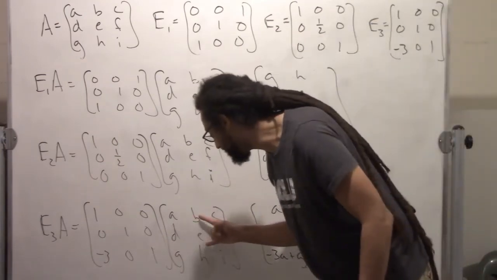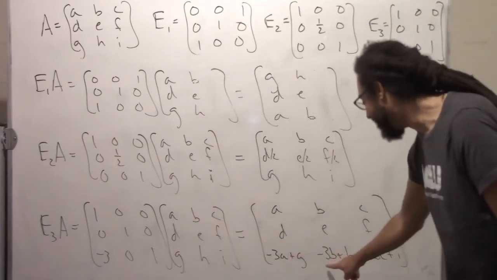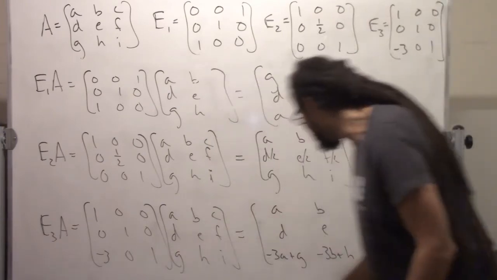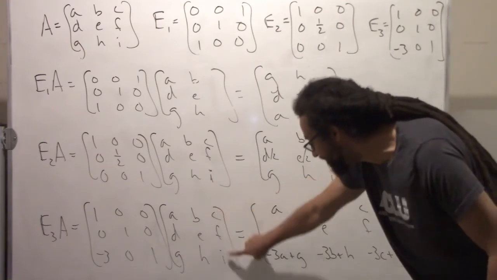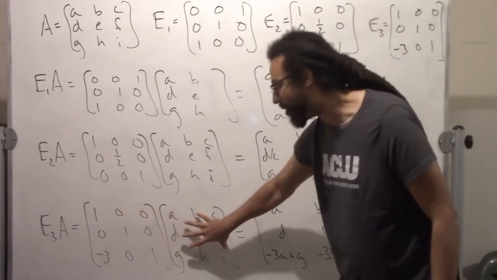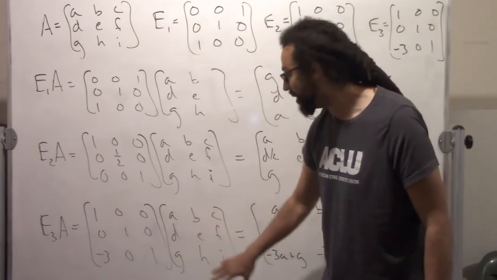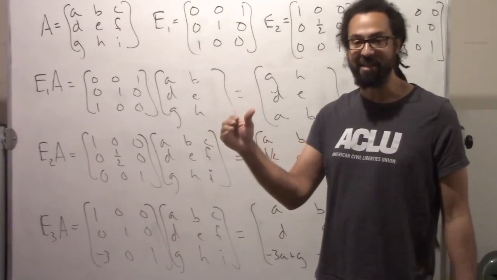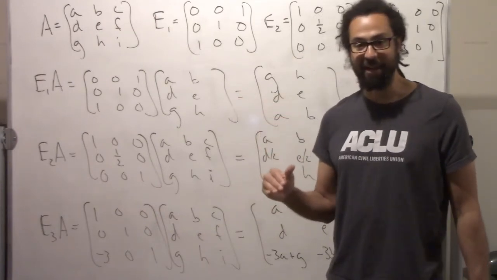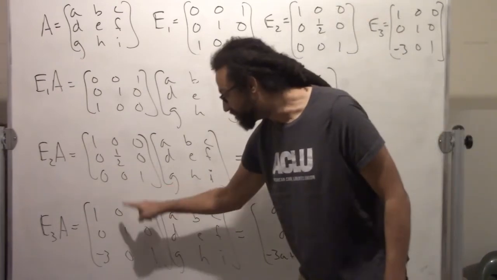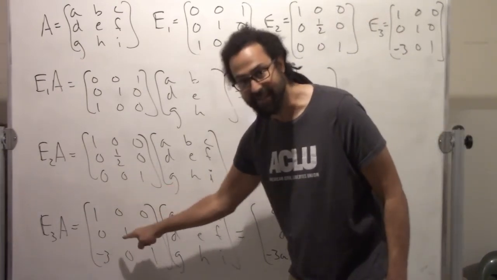Do the same thing to the second column. I get -3B plus H. Do the same thing to the third column. I get -3C plus I. So you can see, what action does this have on any matrix with 3 rows? Well, because I added -3 times the first row of the identity to the third row of the identity and swapped out the result, that's the exact action multiplication on the left by this thing will do.